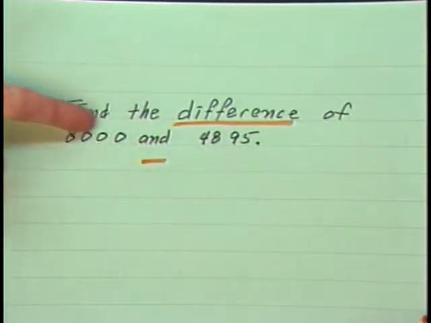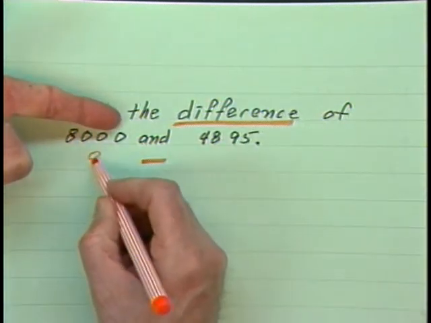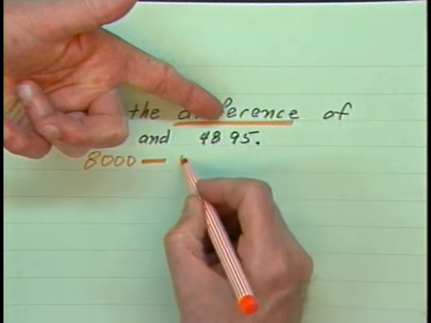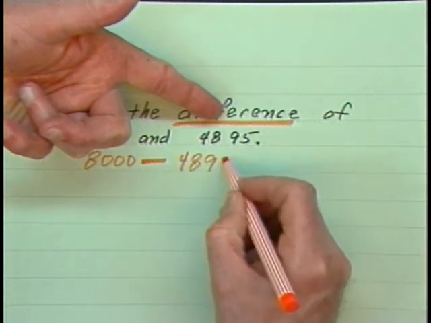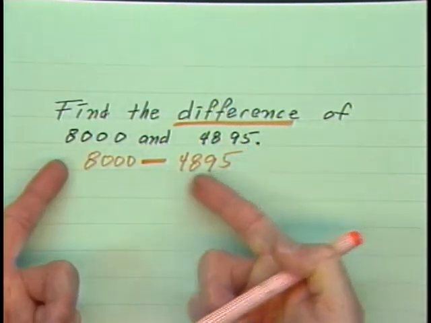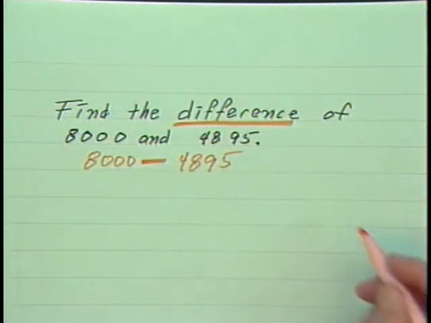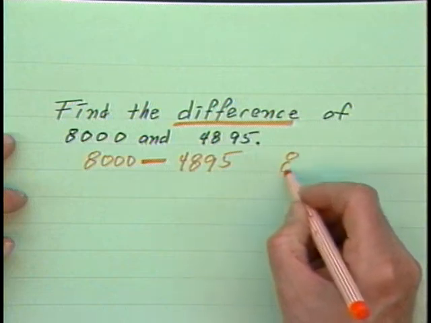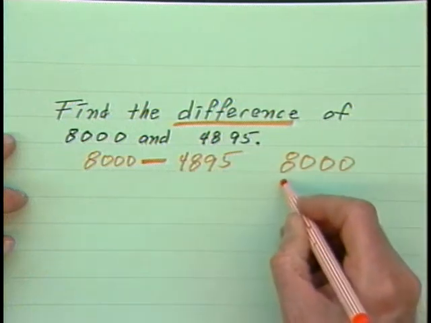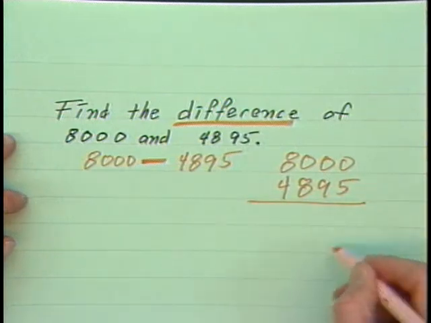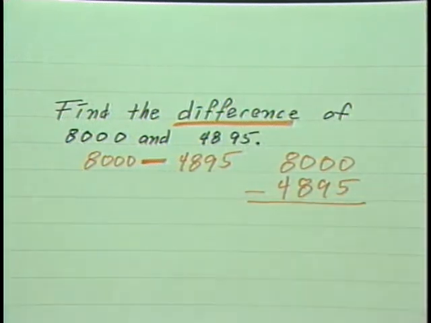And always the first number that's given is written first, and the second number is written secondly. And if you're going to do it in a calculator, this is as easy a way to write it as there is. If you're going to do it by hand, the vertical form is perhaps better.